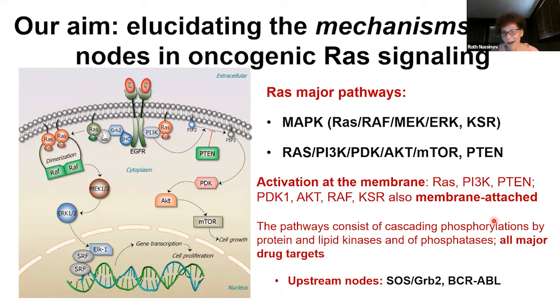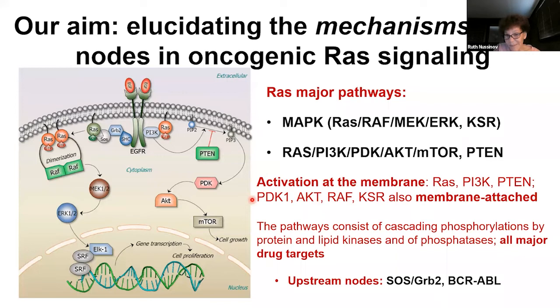The major RAS signaling pathways that we have been looking at are MAPK, involving RAS, RAF, MEK, ERK, and KSR, and the PI3K, PDK1, AKT, mTOR, and PTEN, which is a tumor suppressor. Activation at the membrane that we have been looking at involves RAS, PI3K, PTEN, PDK1, AKT, RAF, and KSR.